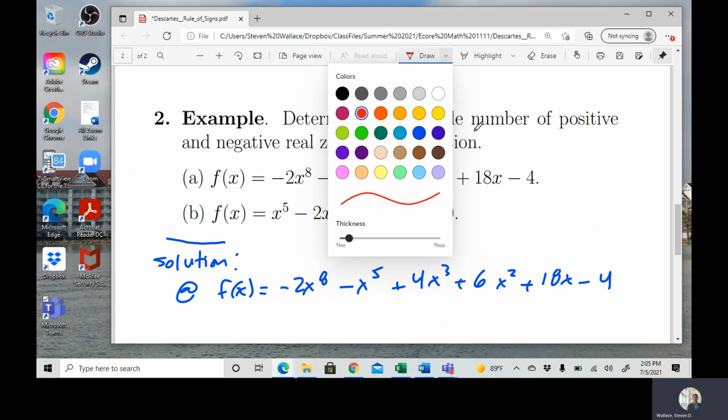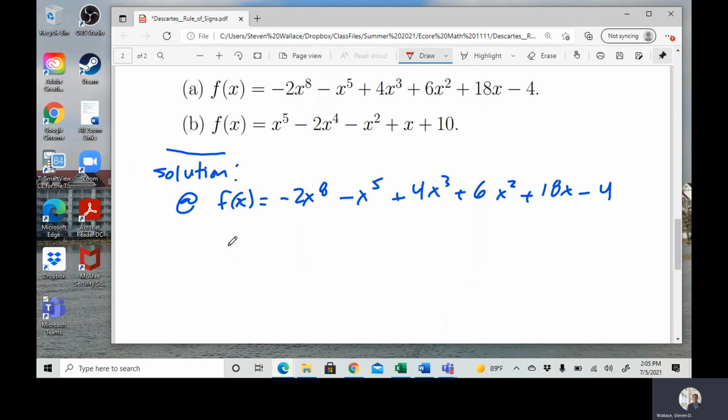So if I look at the sign changes, here it starts out being negative, stays negative. There's no sign change there. Here's 1, right? It goes from -1 coefficient to 4. That's a sign change. Then we're at positive, still positive, still positive, and then we change from positive 18 to -4. So there are 2 sign changes.